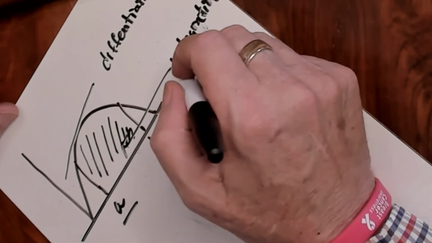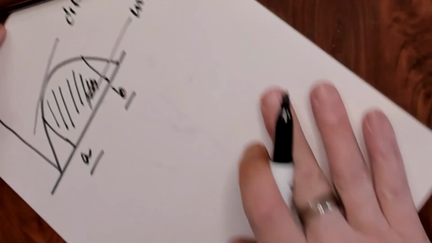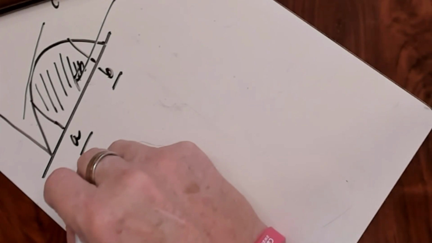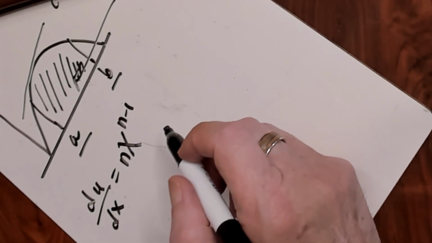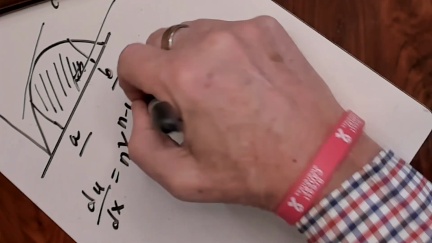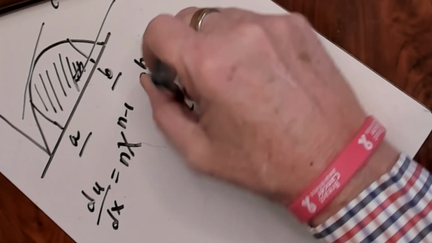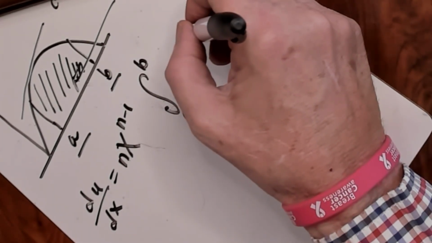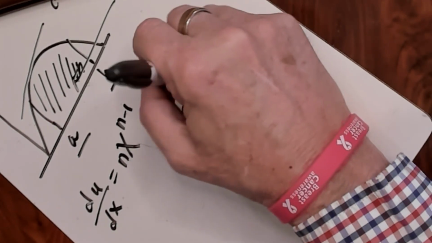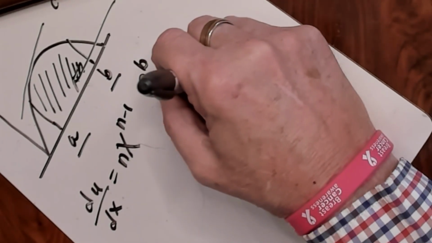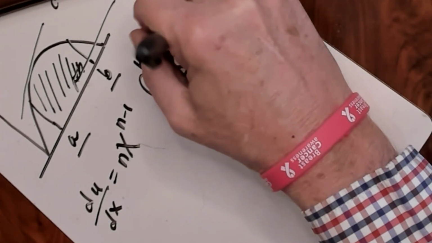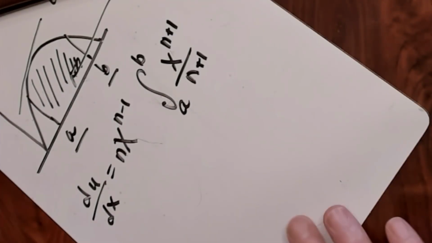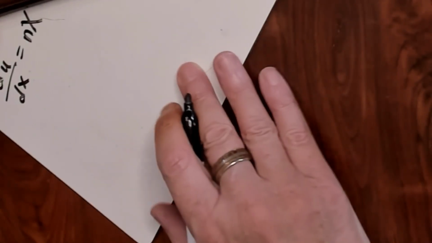And that is just the reverse of the differentiation. So with our power rule, for differentiation, ends up with a form like this. If we integrate from a to b, the same equation, what we end up with is x to the n plus 1 over n plus 1. So let's go ahead and just do the reverse of what we just did.